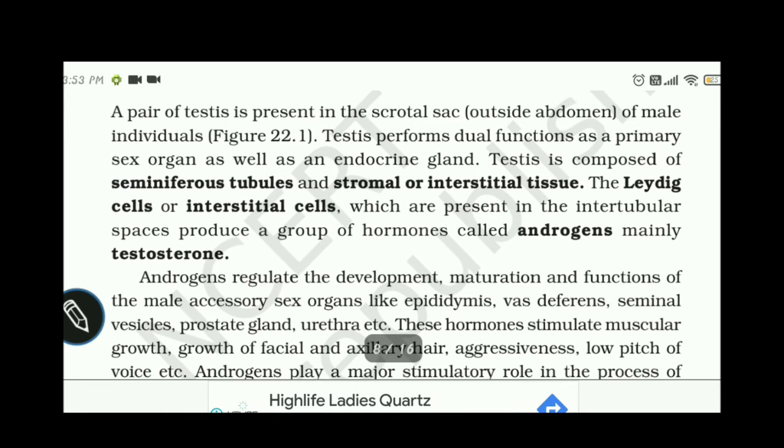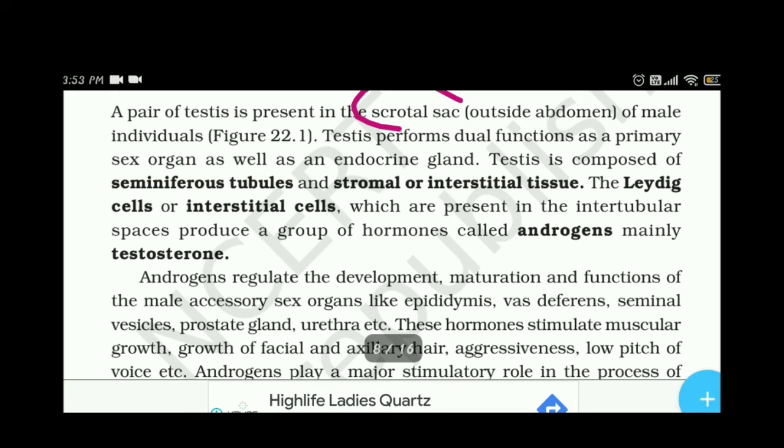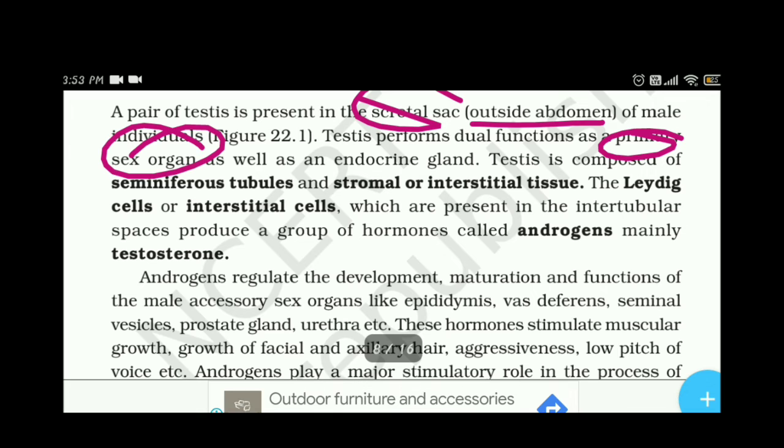Next we have the testes. These are gonads, present in the scrotal sac outside the abdomen, and they perform a dual function: they are the primary sex organ and also an endocrine gland.